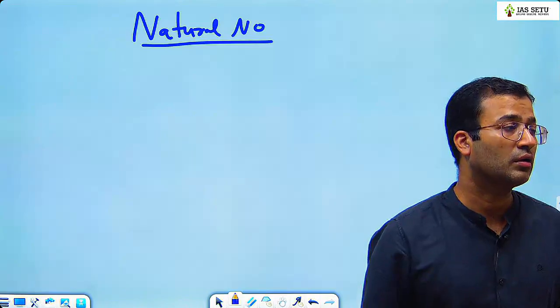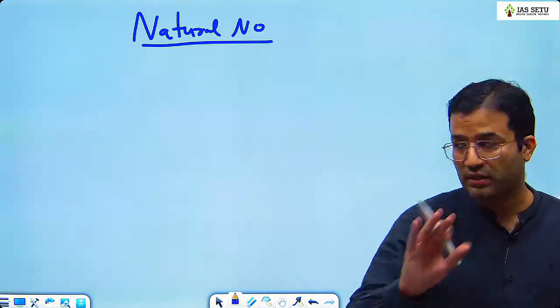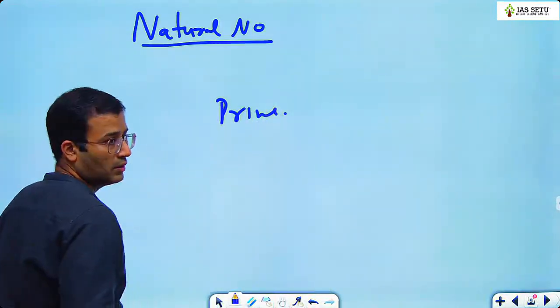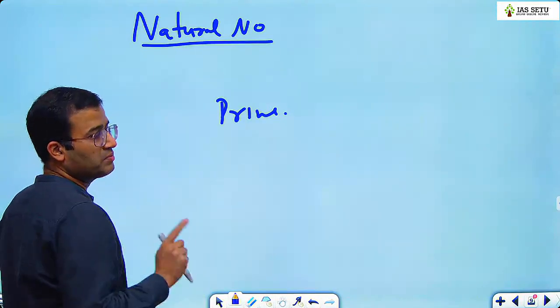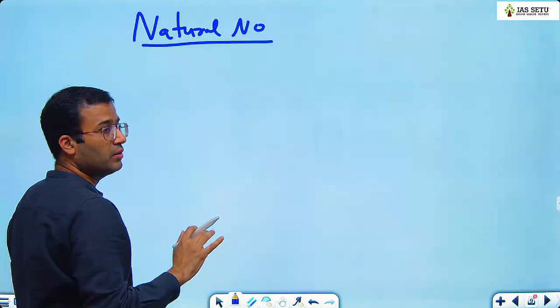If the number is a prime number, how to identify that it is rational? You are saying there is a big prime number. Don't confuse yourself. First tell me, why did you bring the prime number in between? How to identify that it is rational?